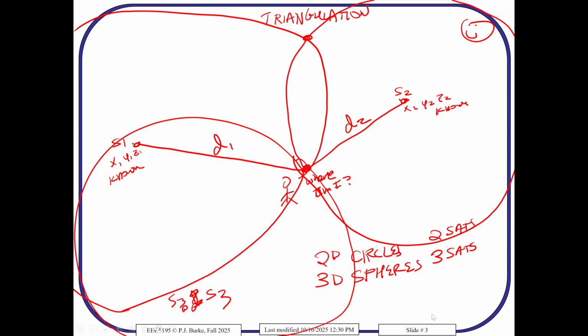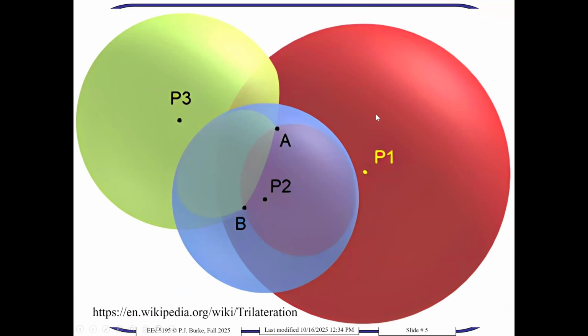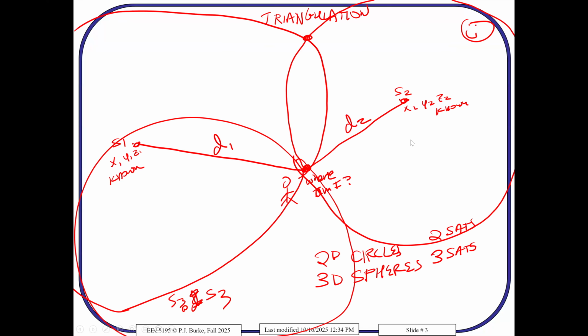Even I can't get a circle done very well. So I have to turn to this, the best depiction that I have, where there are 3 spheres, sphere 1, 2, and 3, and they intersect at 2 points A and B in 3-dimensional space. So that is the principle of GPS, and that's how it works.